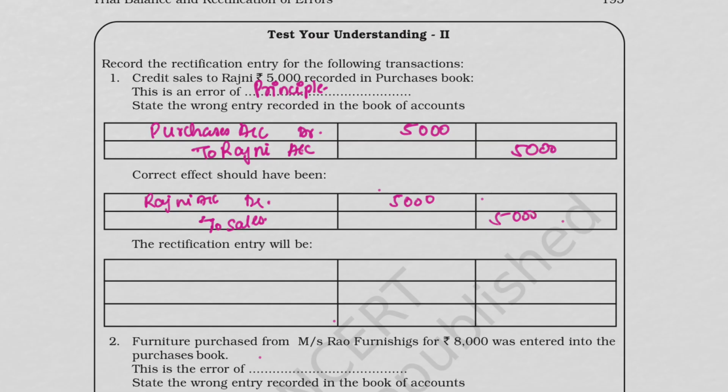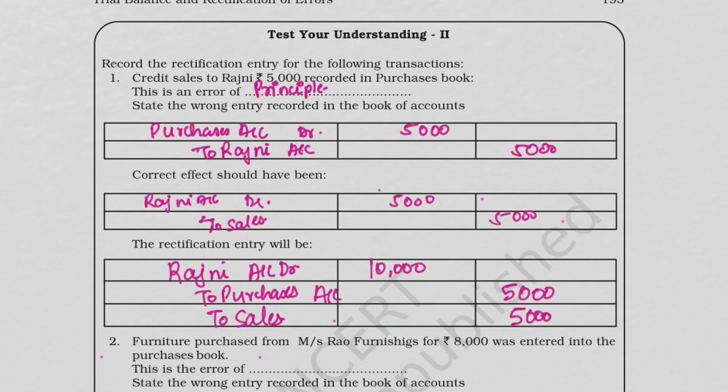So the rectification would be Rajni account debit 10,000 to purchases account 5,000, to sales account 5,000.